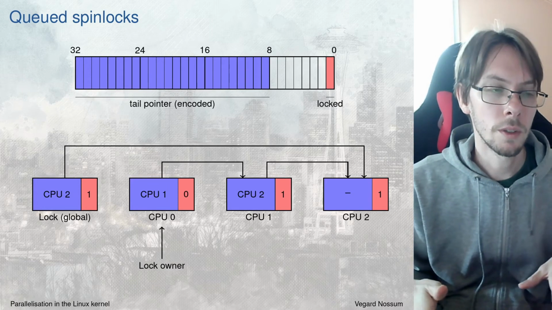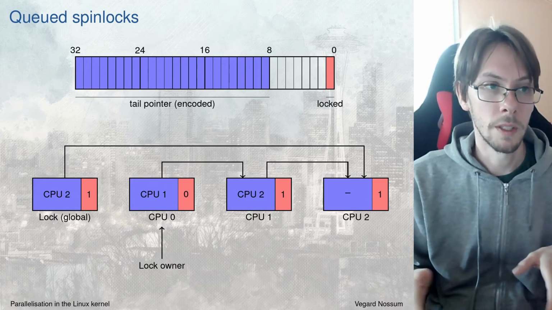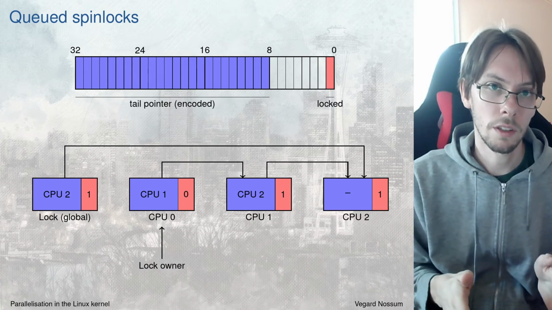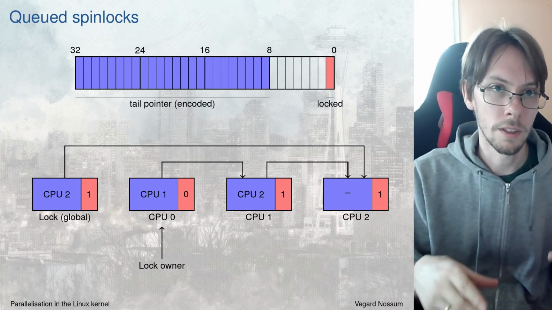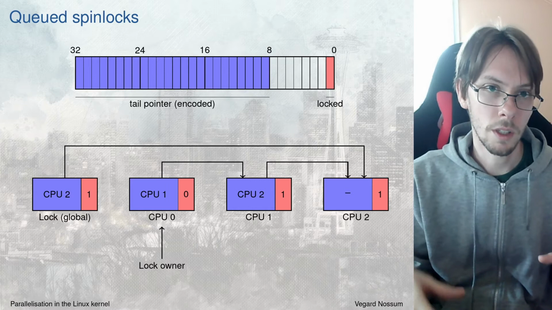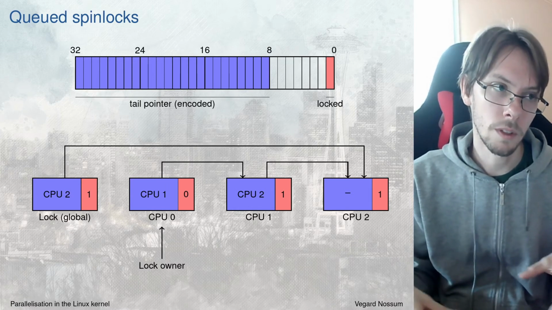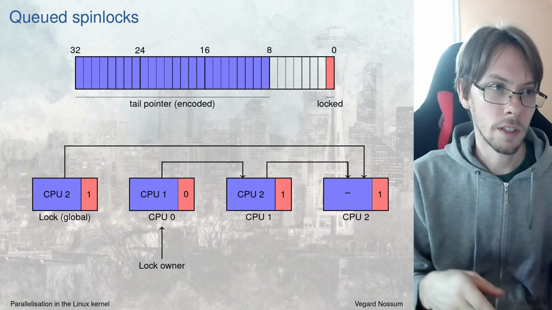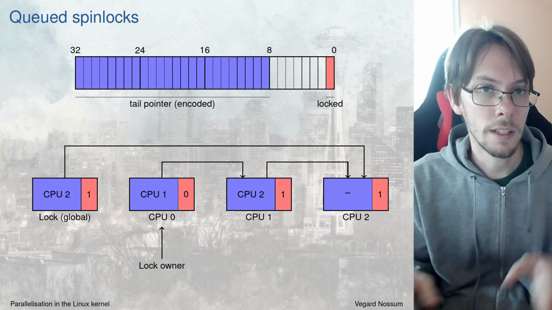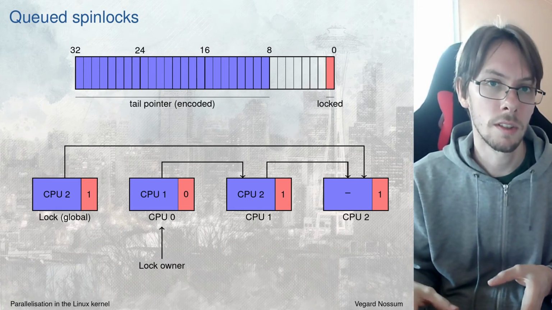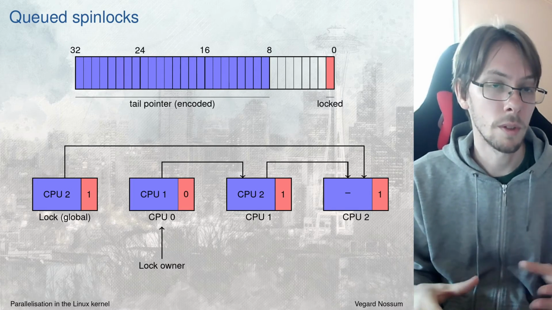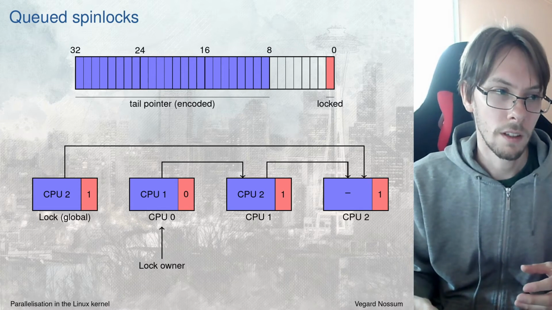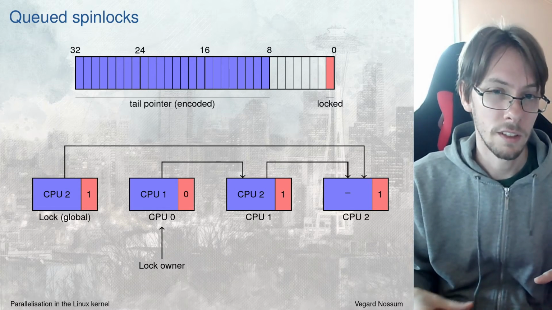I'm not going to go into all the details of the implementation here, but fundamentally, instead of having the lock only be either 0 or 1, you also encode an address in the upper bits of the lock, so that when the lock is held, that address points to the last element of a linked list, which is a queue of CPUs waiting to take the lock. The head of the list is the current owner of the lock.